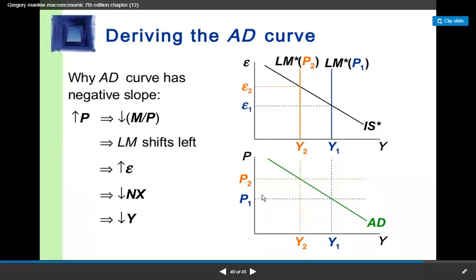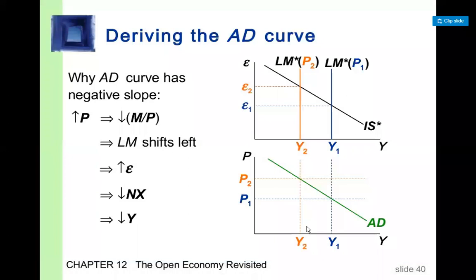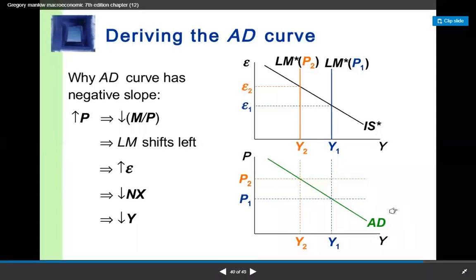As price level increases, exchange rate increases. As exchange rate increases, net export decreases and output level decreases. So as price level increases, output level decreases. Therefore, the aggregate demand curve has negative slope.